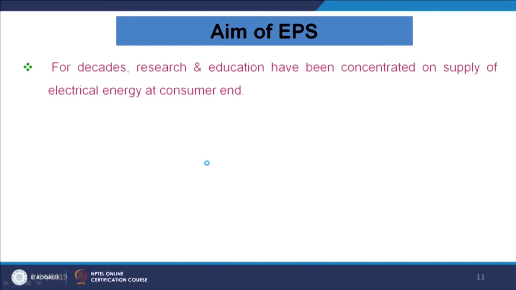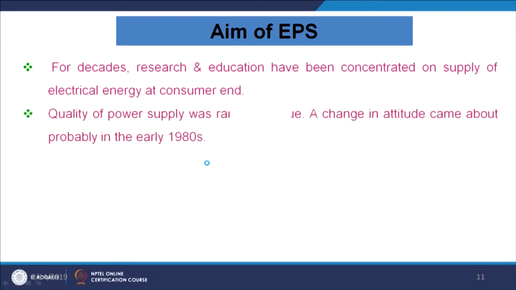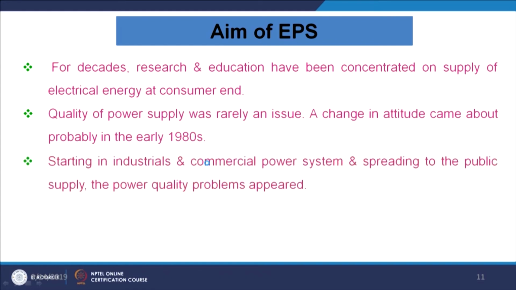For decades, research and education concentrated on the supply of electrical energy at the consumer end, and the quality of power did not come up as an issue. The change of attitude came with adjustable speed drives in the 1980s, starting from the industrial and commercial power systems and spreading to the public supply, and the power quality problem also appeared.